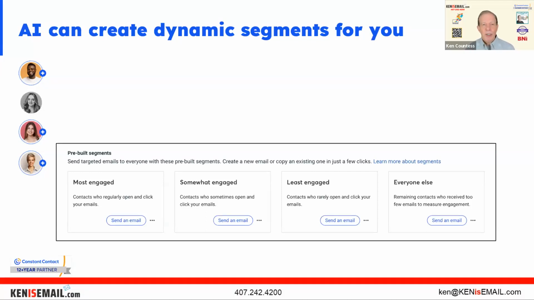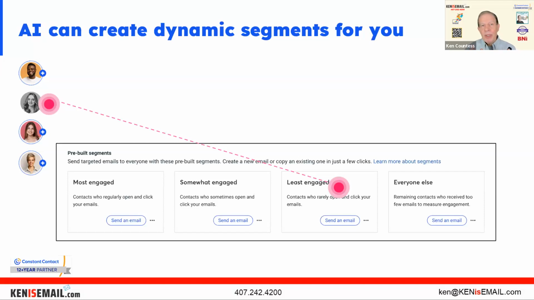So let me give you an example. If you take a look at what's on screen right now, you'll see four categories: most engaged, somewhat engaged, least engaged, and then everybody else. So, what does that mean exactly? Well, the system sees who is opening emails, who is clicking on emails, who's not opening anything at all.